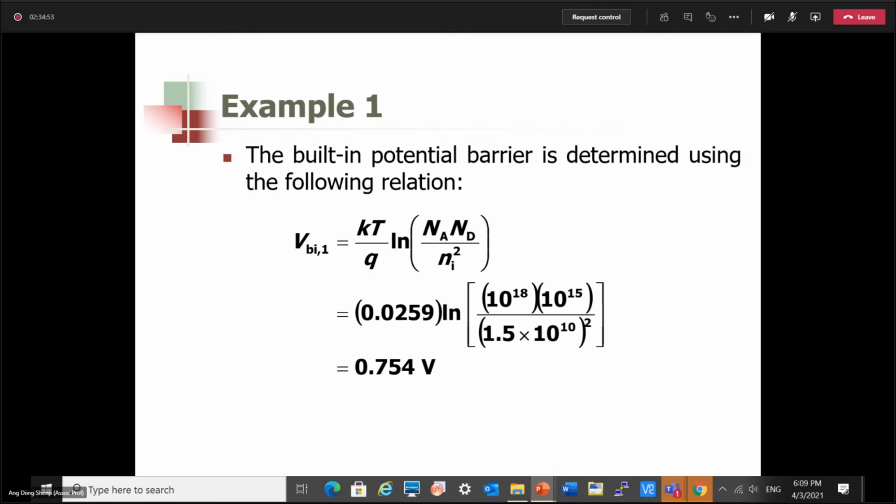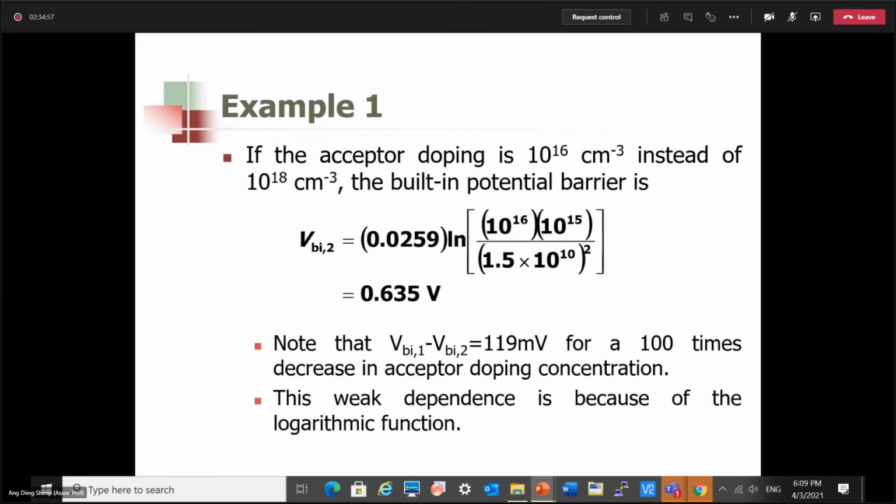Let's change the doping of the P side from 10 to the power 18 to 10 to the power 16. Despite a 2 order of magnitude change in doping, a 100 times change, the built-in potential changes only by 119 millivolts.